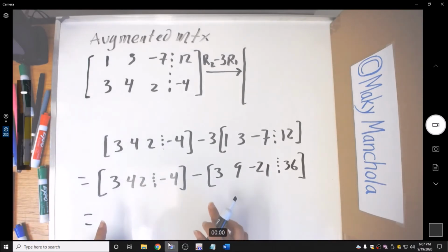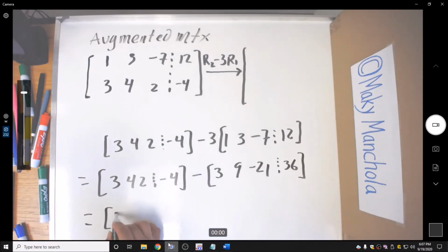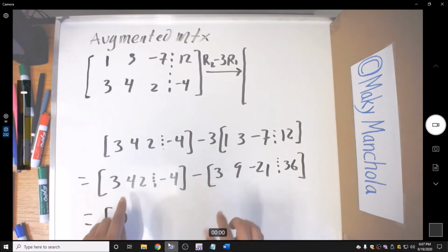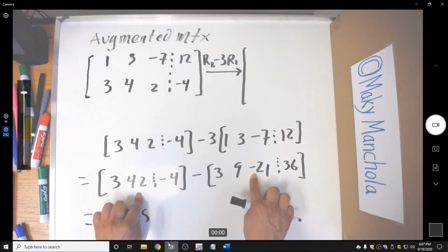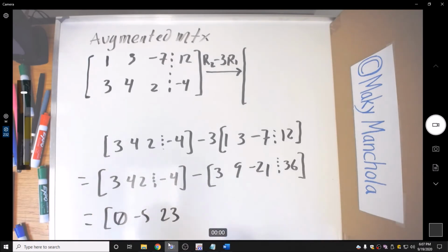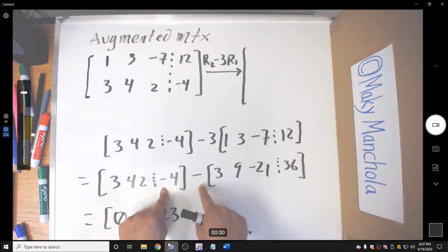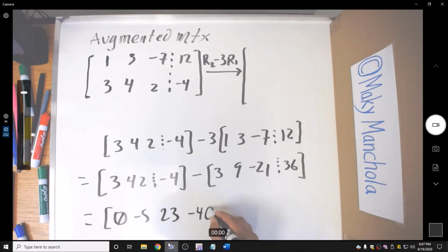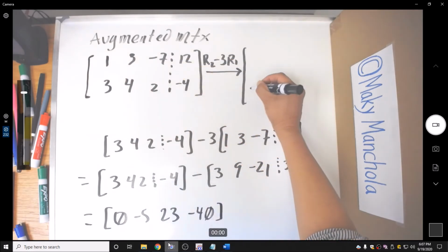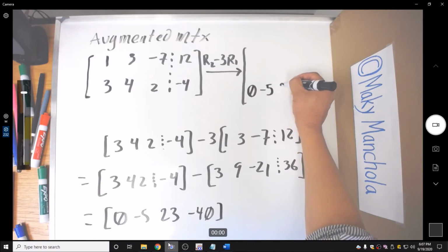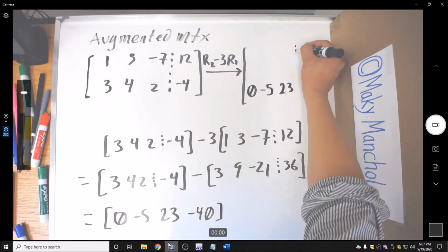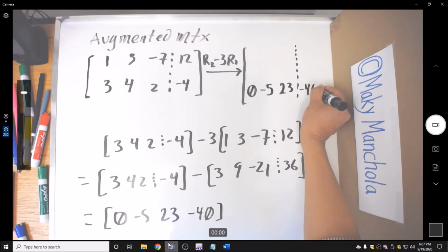The result is 3 minus 3 cancel out, gives you 0. 4 minus 9 gives you negative 5. 2 minus 21 is 2 plus 21, which is 23. And then negative 4 minus 36 is negative 40. So my result replaces my second row: 0, negative 5, 23, negative 40.